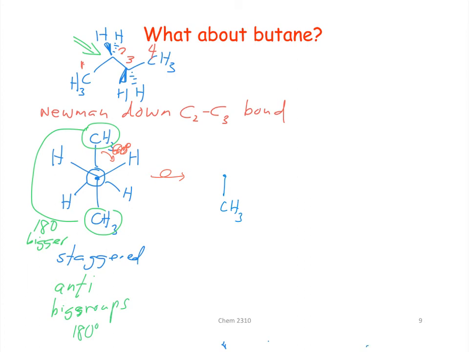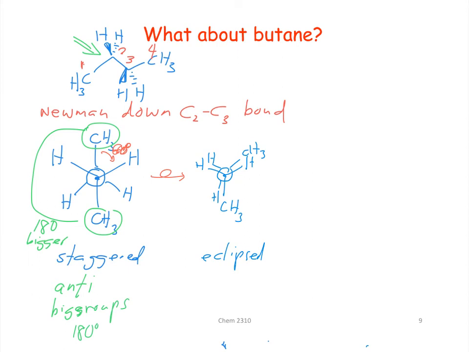So whenever you're doing this, it's always better to keep one of the carbons in the same place and just rotate the other one. It just makes it less complicated. Okay, and then we got our circle, and then it's gone over 60 degrees, so we're going to have a CH3 here. We're going to have an H going down here, and another H over here. All right, so this is eclipsed, right?